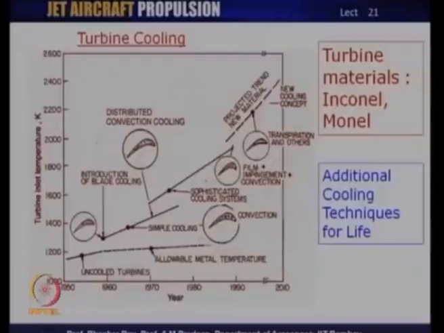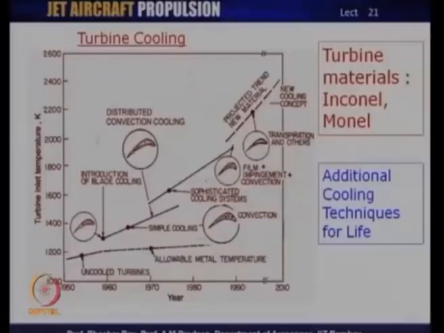In those days it was simply called convection cooling, because the air was passed through the blade, and the so called cooled air passing through the blade took away some of the heat. The amount of cooling that could be achieved was of the order of 50 to 100 degrees only, and that was sufficient to give the blades a reasonable life of the order of a few thousand working hours.